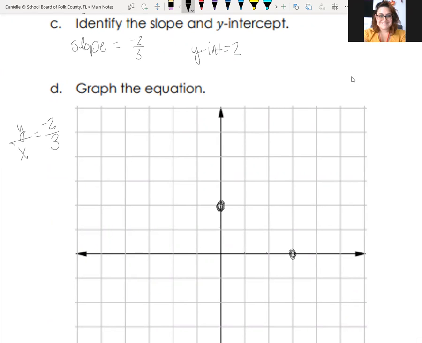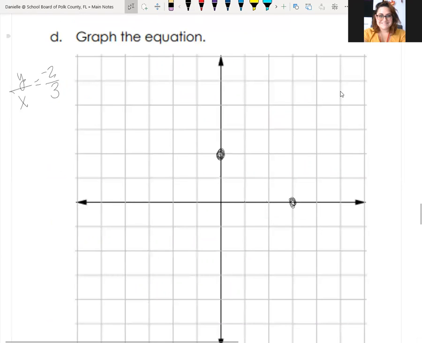And I know that because my slope is negative, so I want to walk down the hill. And I can do it again. Down 1, 2, and over 1, 2, 3. So now when I graph it, it's going to look something like that.